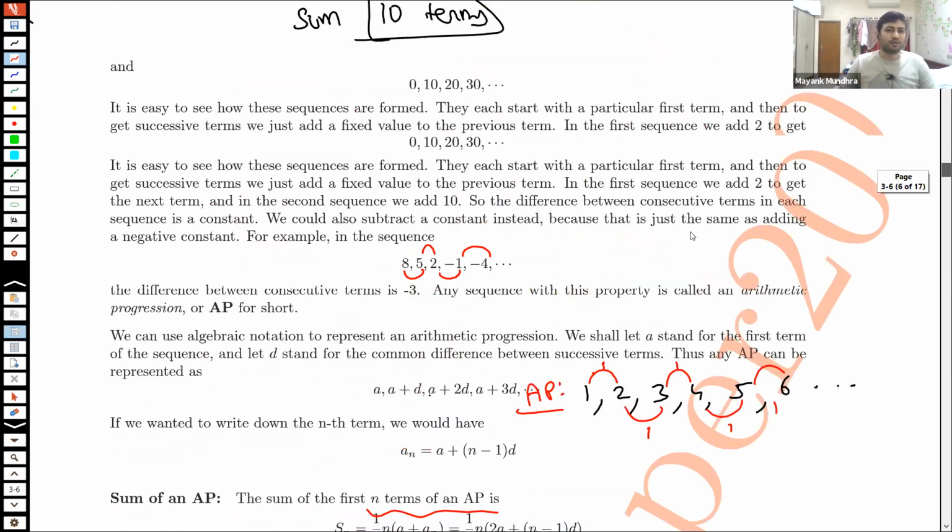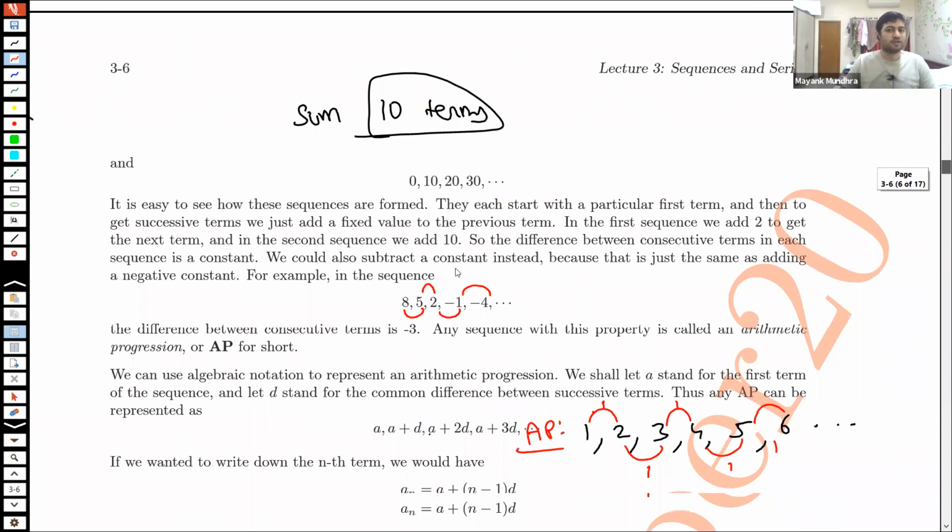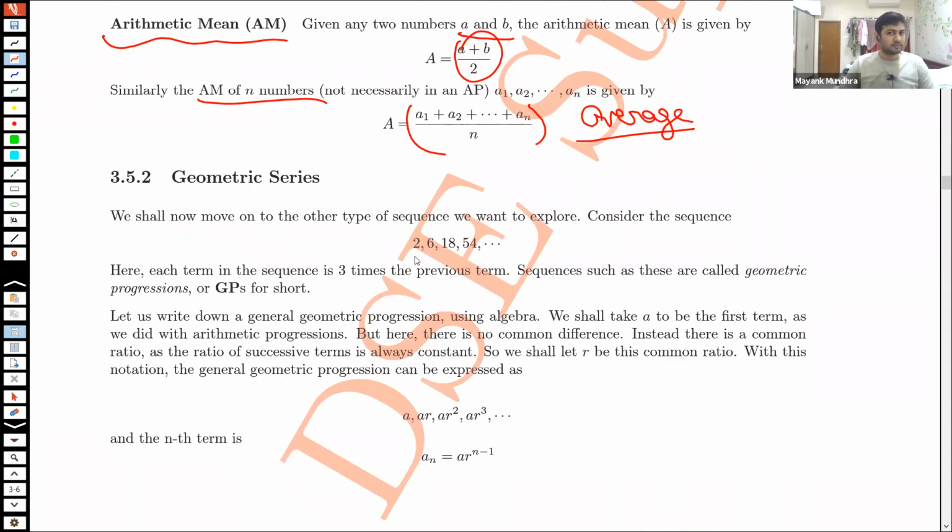Next is geometric progression, where each term is always a multiple of the previous one. An example of this in recent times is COVID cases. There was a huge talk about R0 being equal to 1.2 or 1.8, something like this. So what is the meaning of R0?